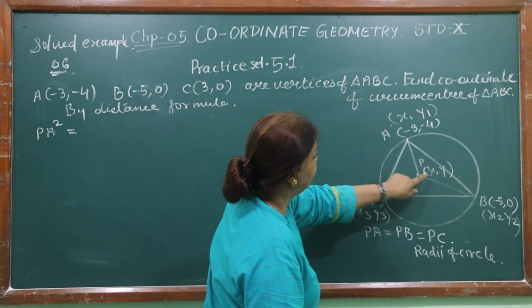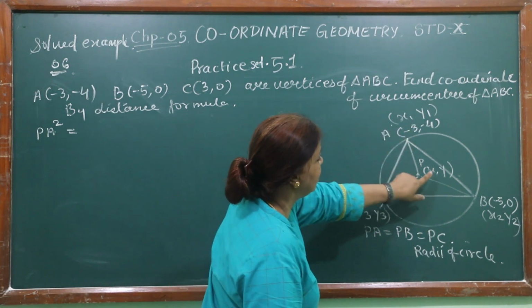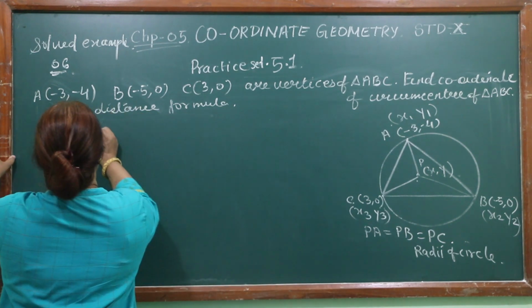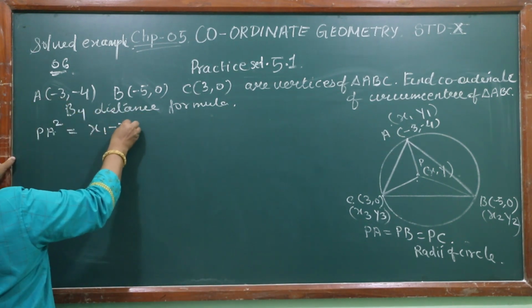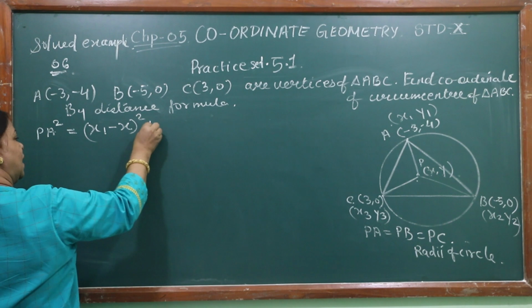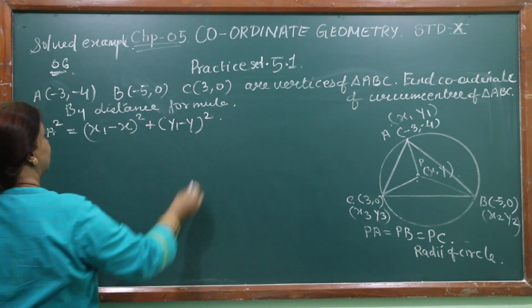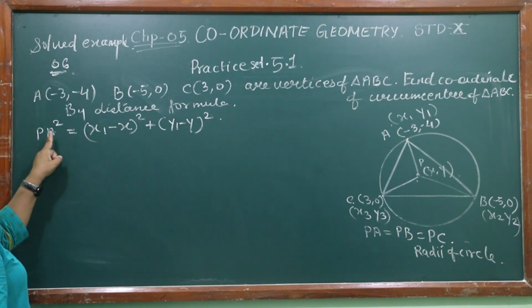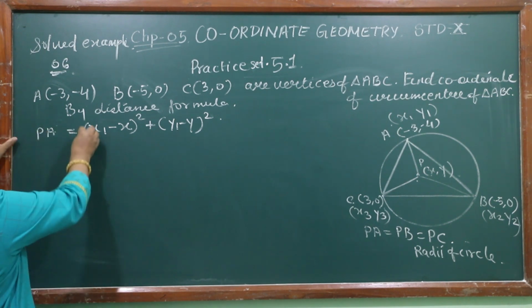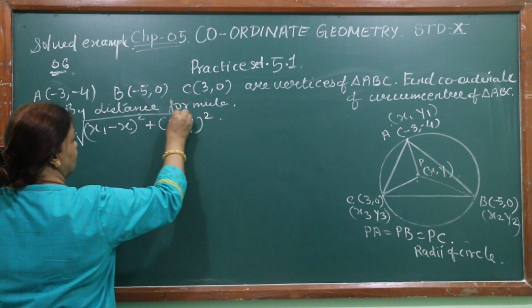So PA I want to find out. So x1 minus x the whole square plus y1 minus y the whole square. Children, see here I am not using the root. If you want, I will use the root, like that.